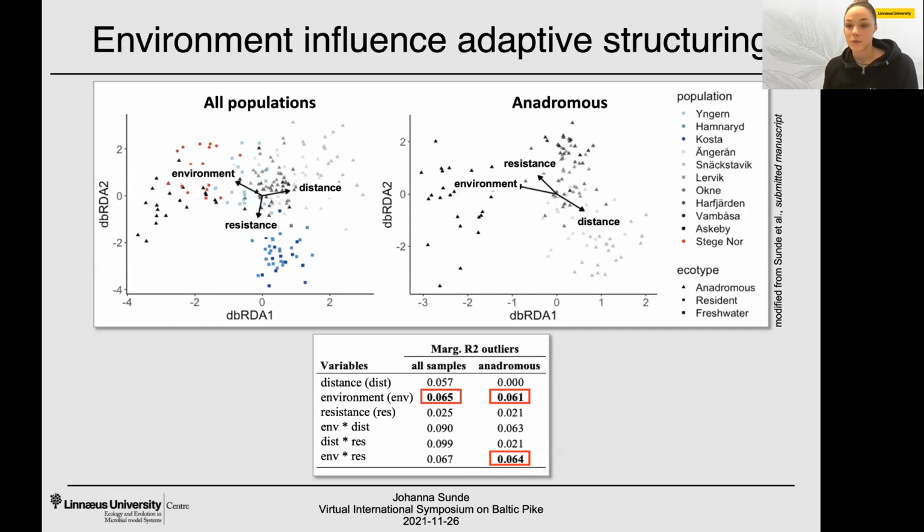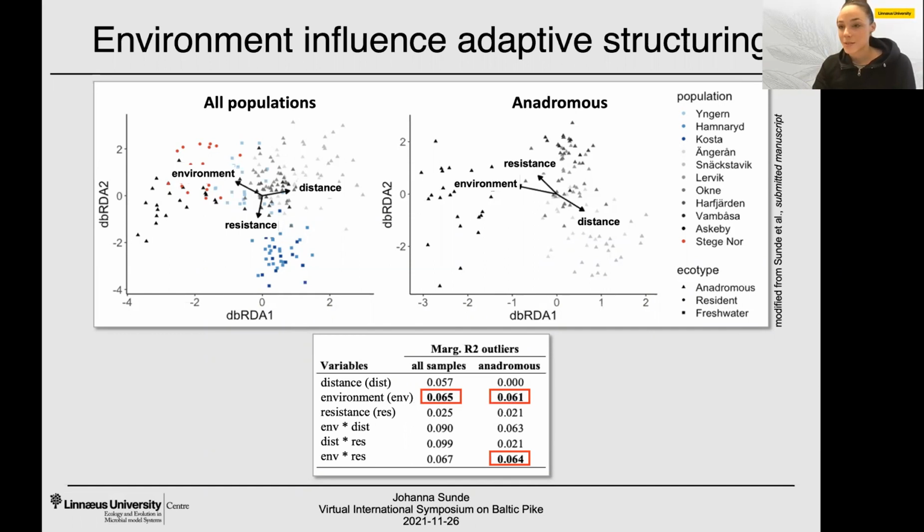And of course, also for this, we wanted to evaluate the relative contributions of different processes or modes of isolation. And in contrast to what we saw for the neutral variation, for the adaptive variation, the environment, which is based on salinity, is the only single mode of isolation that significantly influenced the adaptive structuring.